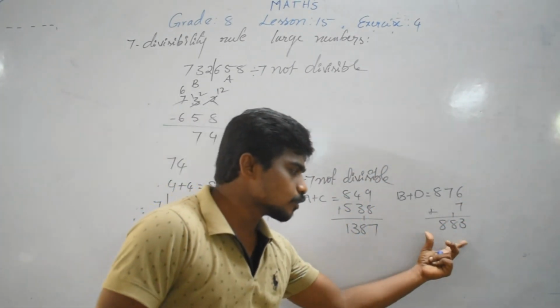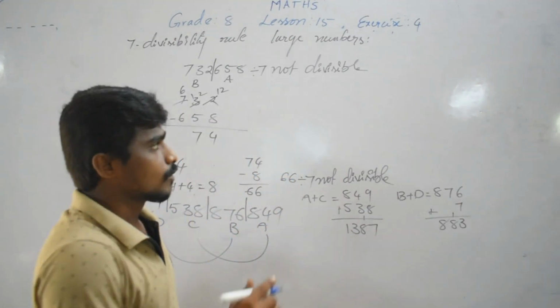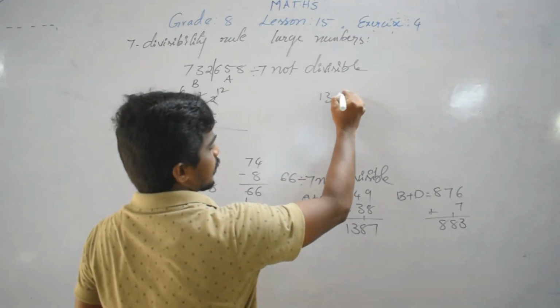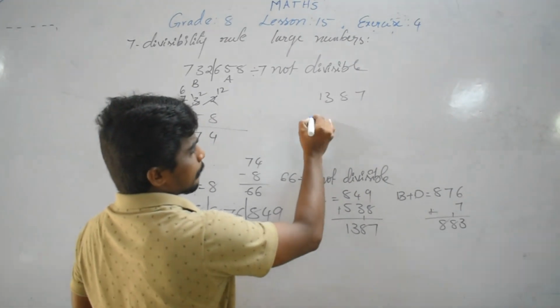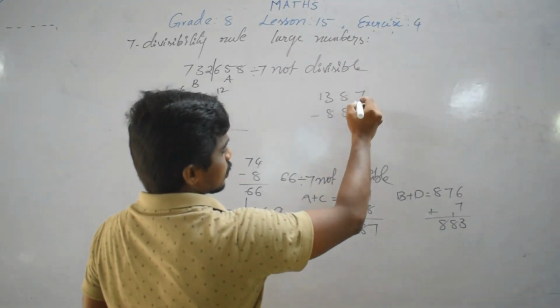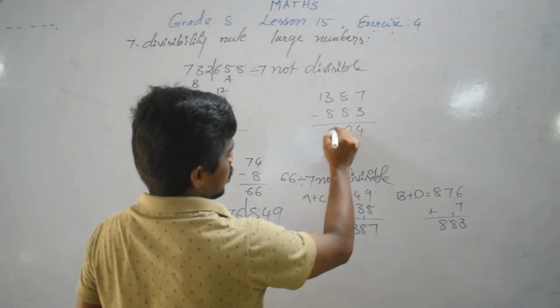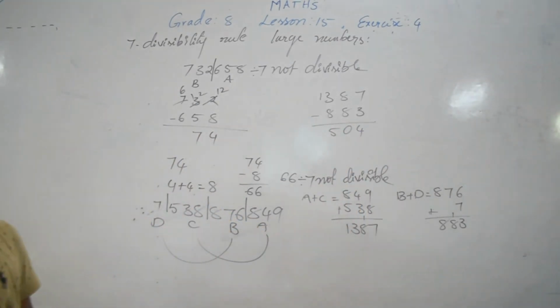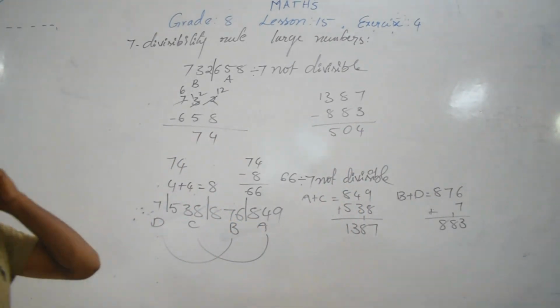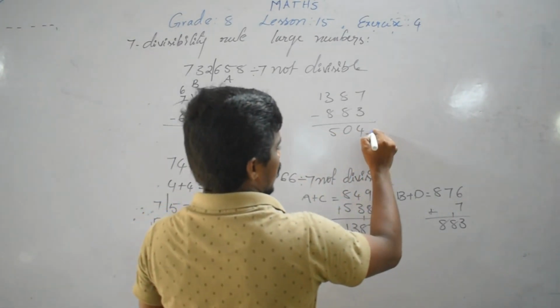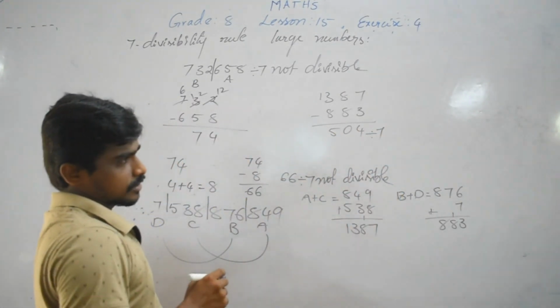Now these two are subtracted: 1387 minus 883 is 504. Let's check whether 504 is divisible by 7.